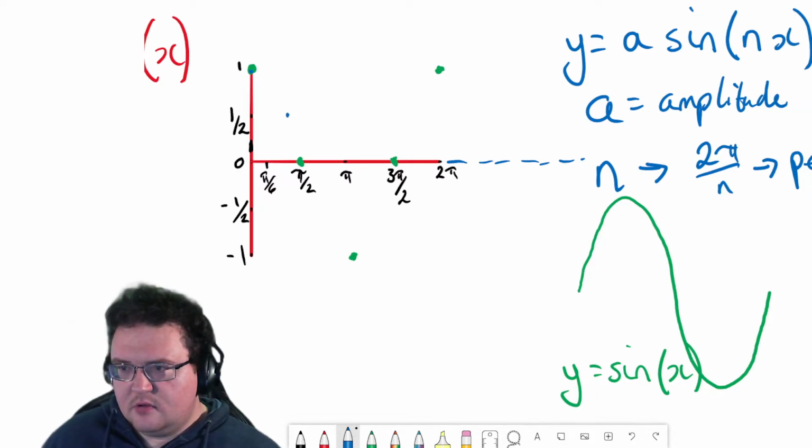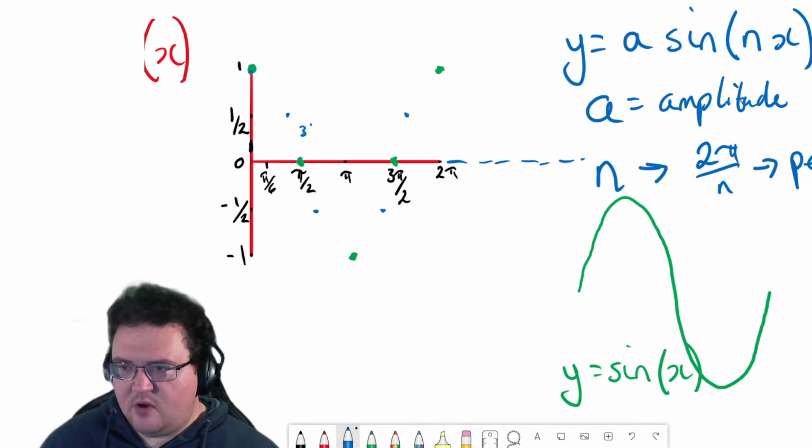So that means I can basically already put a mark there for myself here and here. And then I can also put the negative ones here and here. So what's pi on 6 to the left of 3 pi on 2?